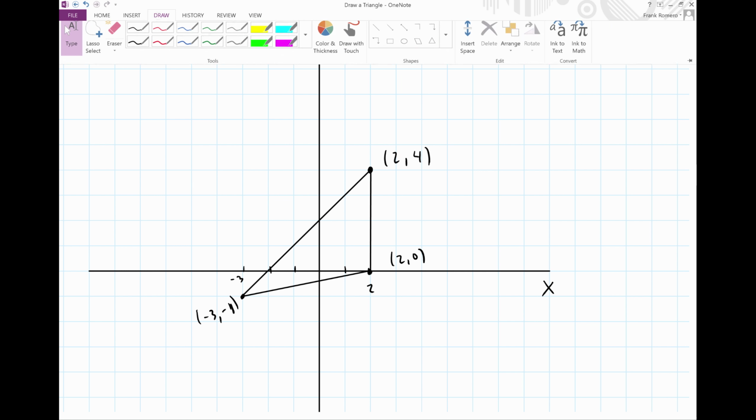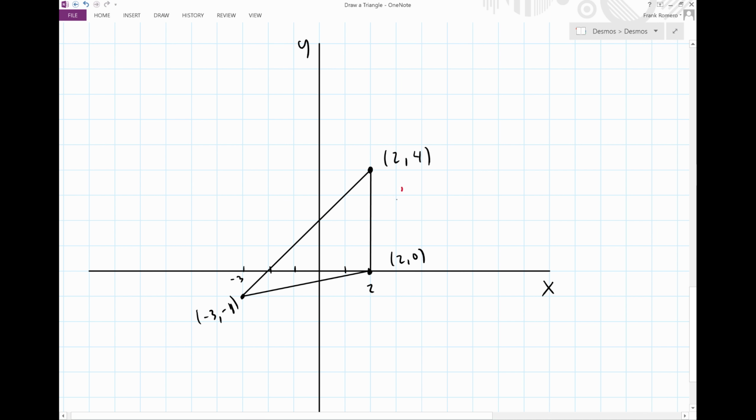So we have our points. Let's do the easy one first. This one right here seems to be a vertical line, and it's hitting right at 2. So x is equal to 2, and it's bounded by y from 0.